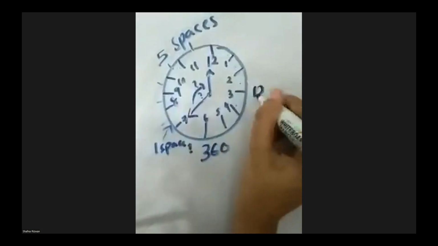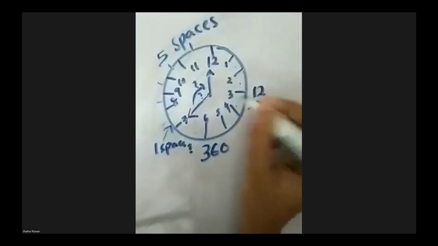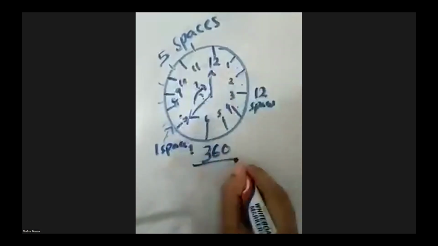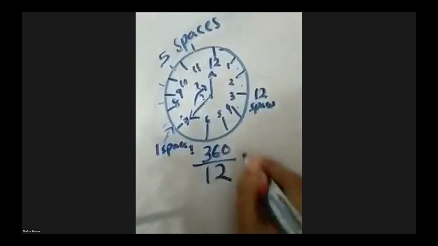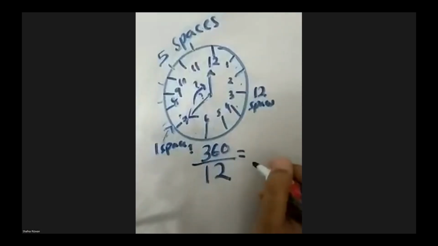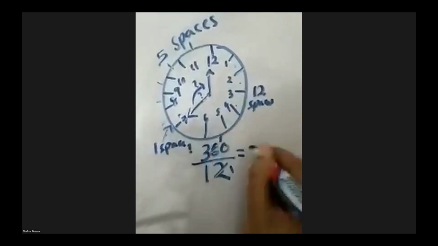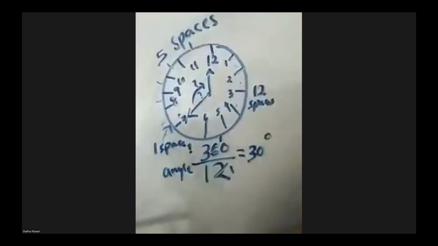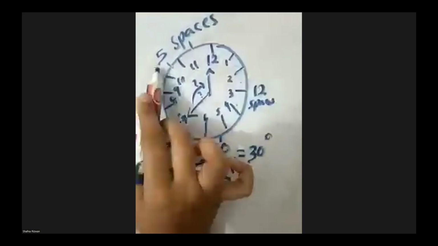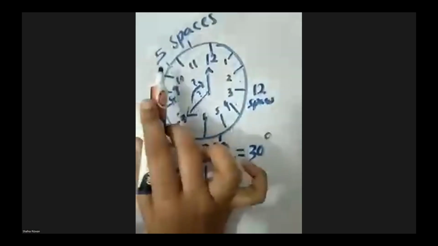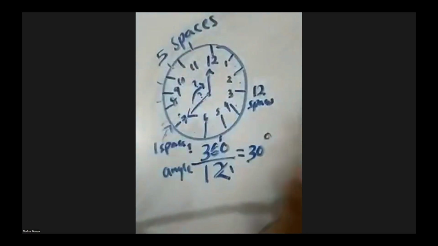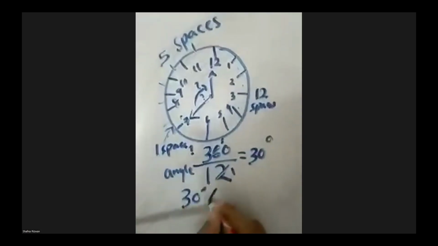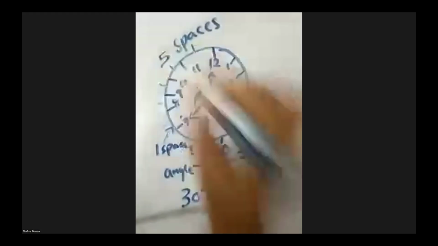You have 12 total spaces. Then to find how much is one space angle, take 360 divided by 12. How much will you get? 30. So one space angle is 30 degrees. Then how many spaces did you have here? Five spaces. So to find 5 spaces, take one space angle 30 degrees and multiply it by 5.